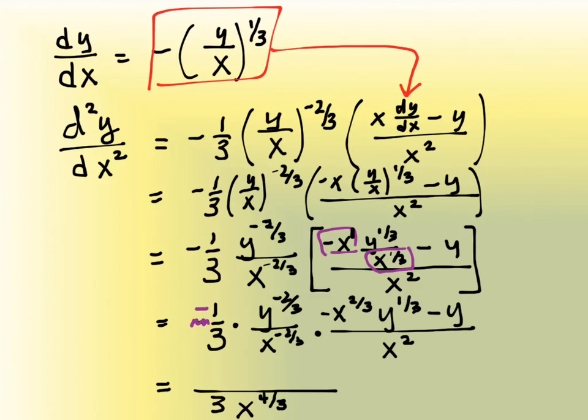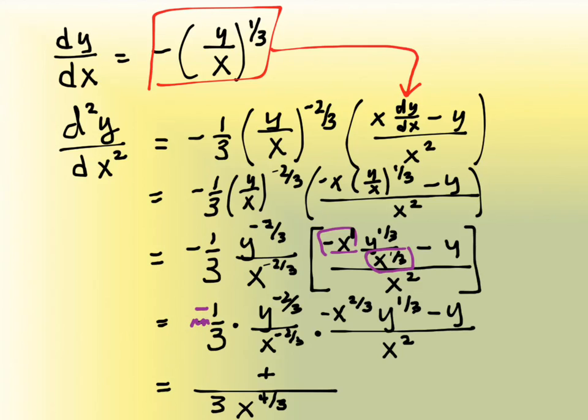All right, across the top, do you see all those negatives? I have negative 1 at the beginning, and then I have a negative x to the 2/3, and then I've got a negative y, right? So I'm going to get all positives on top, right? When I multiply that first negative at the beginning times each of the negatives further on, I'm going to get positives. So my signs are going to turn into positive. And then I don't really have to deal with multiplying by 1 because it doesn't change anything.